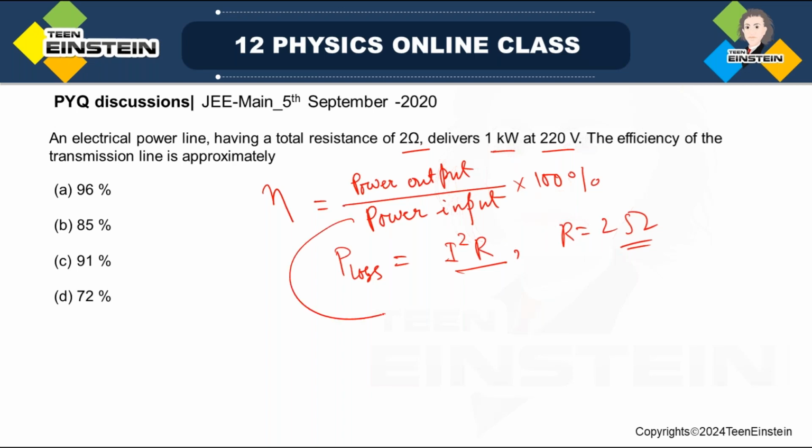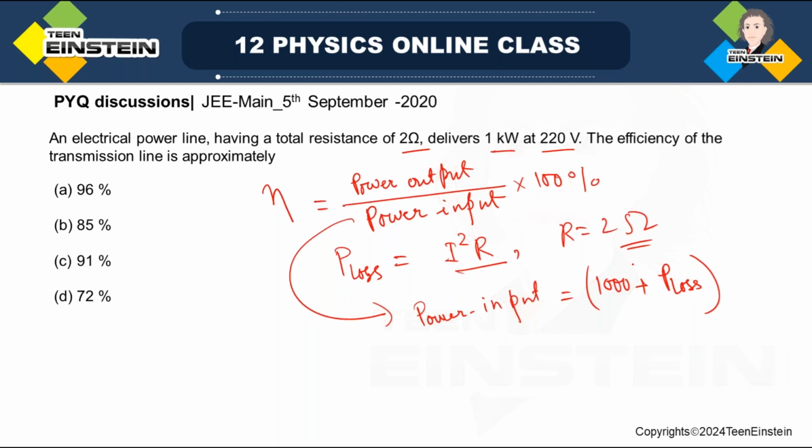So I have to give this input: the power input will be this 1000 watt plus loss. So this total will be the power input to get this 1 kilowatt.